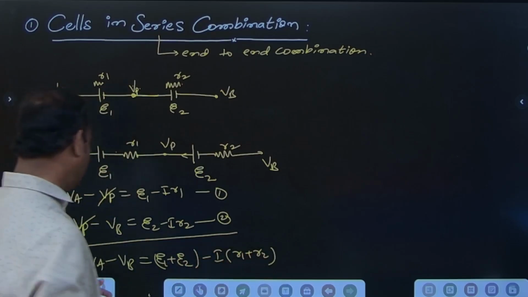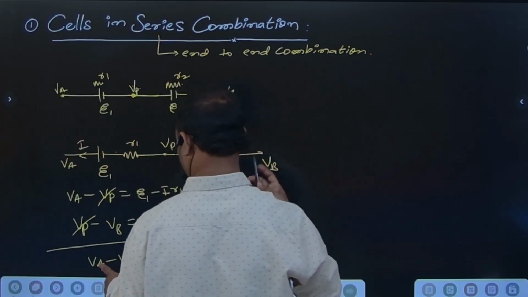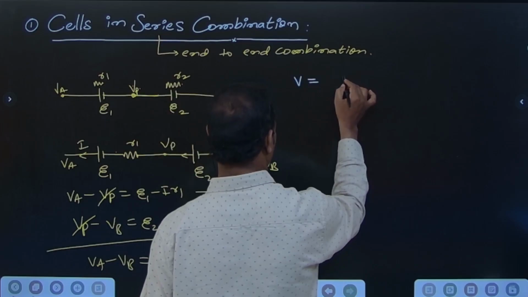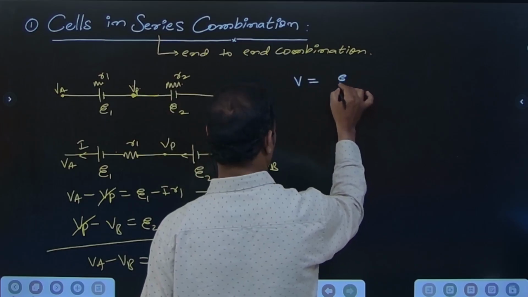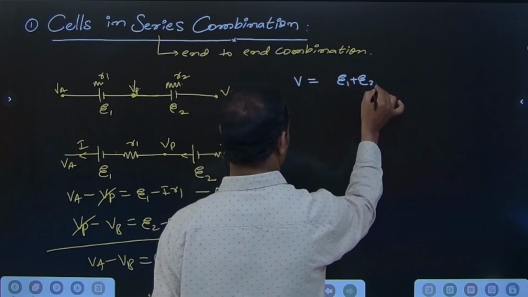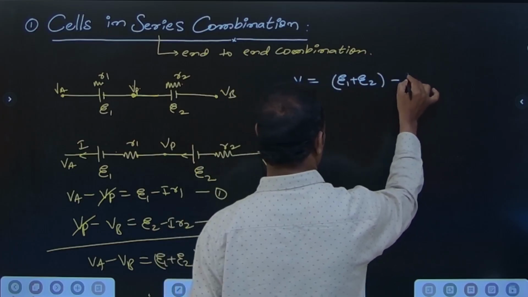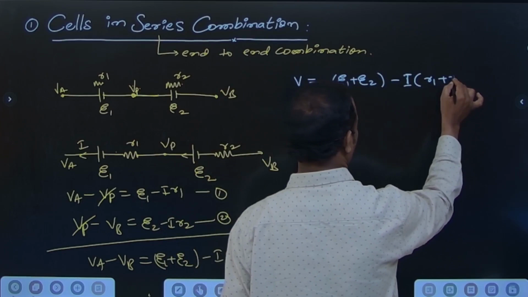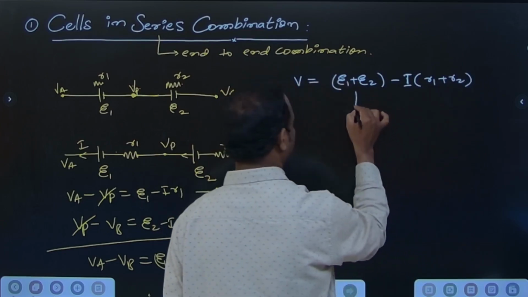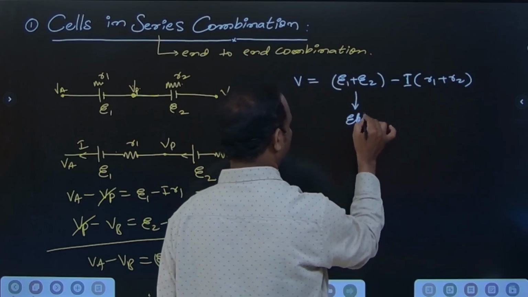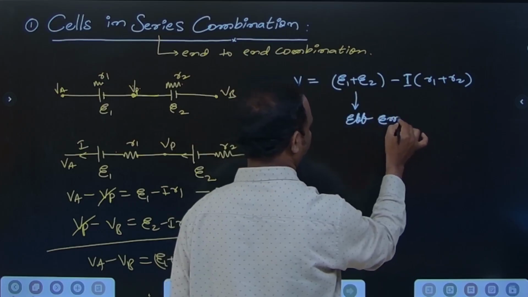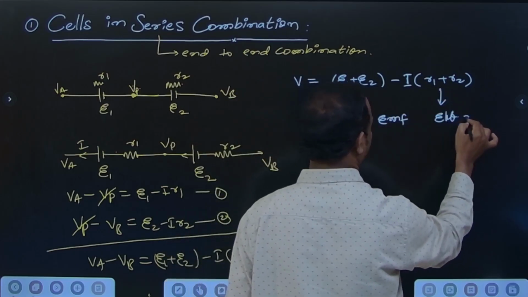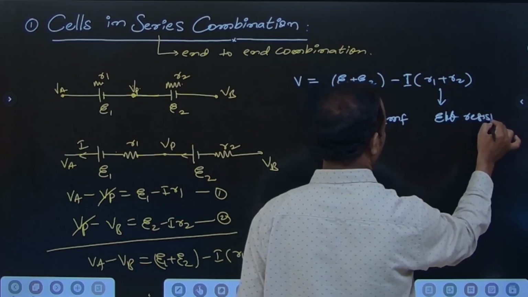So this VA minus VB, I'm writing V, is equal to E1 plus E2 minus I times (R1 plus R2). This is called effective EMF. This is called effective resistance.